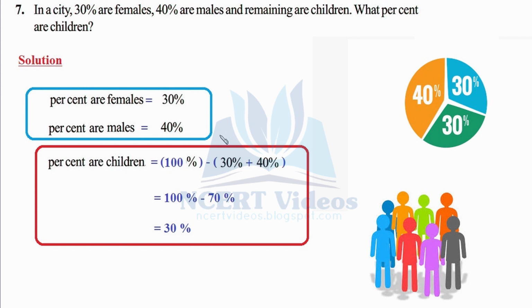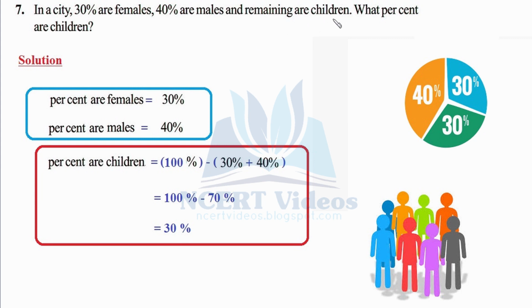So you have learned in this chapter that when you add all the parts of percentage, it adds up to 100. This means, suppose this is a circle. We are given with 40% and 30%. So this whole complete circle is 100%. So first, if you add these two and subtract whatever you get from 100, you will get the remaining part. That is the idea behind this question.